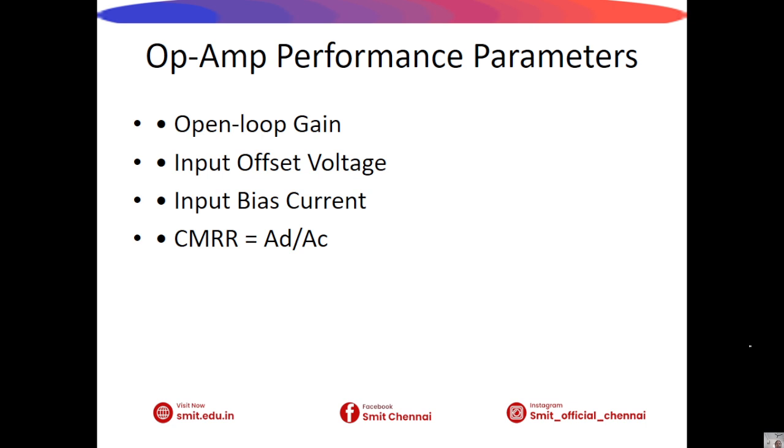The third is input bias current, which represents the small current flowing into the input terminals. Another important parameter is the common mode rejection ratio, or CMRR. CMRR indicates how effectively the op-amp rejects signals that are common to both inputs. A higher CMRR means better noise rejection and more accurate amplification.